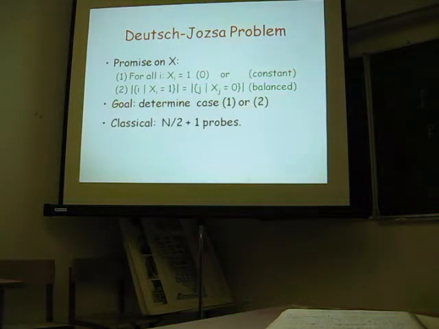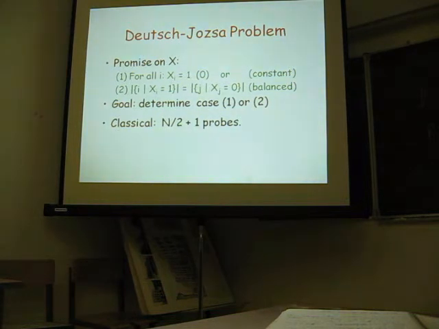Now classically, it's easy to see that if you don't want to make an error, then you have to ask half of the variables plus 1. If you ask only half of the variables or less, then you still cannot be sure, if they were all the same value, whether the other half that you have not seen are the opposite value or the same.